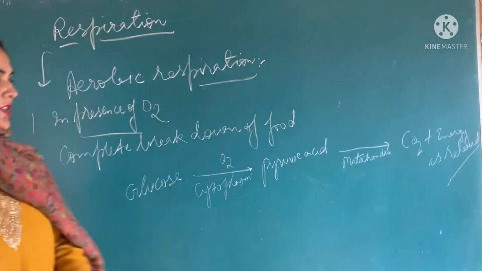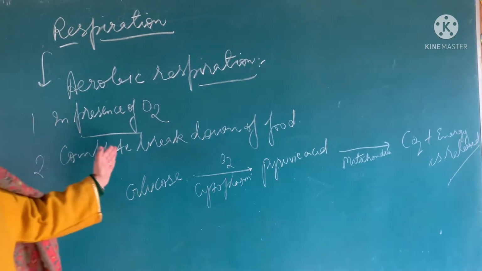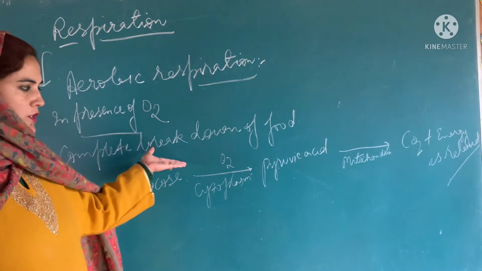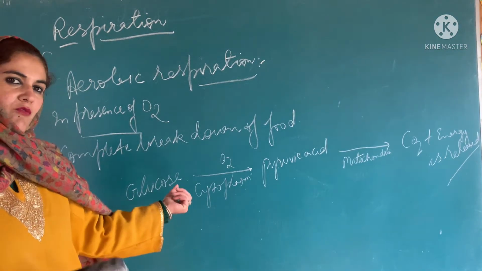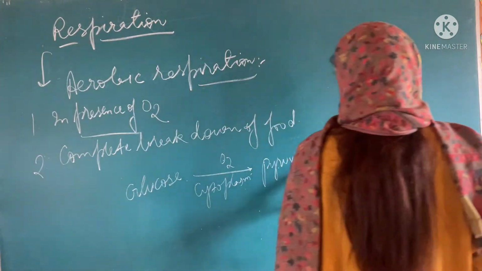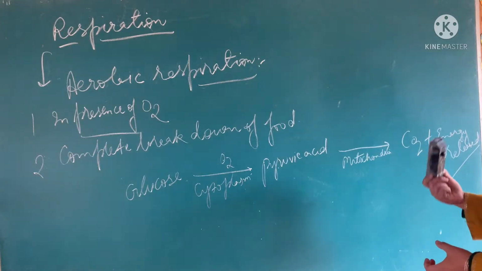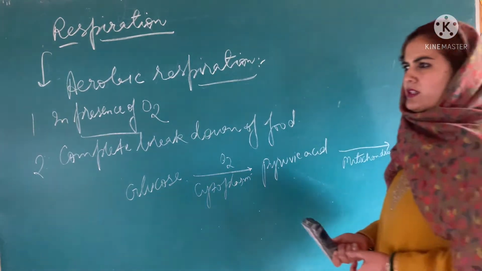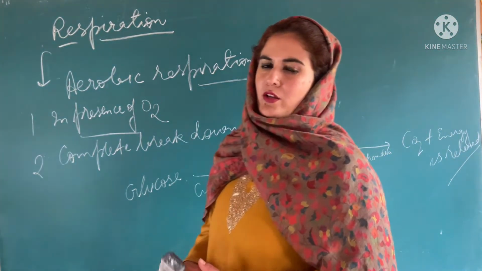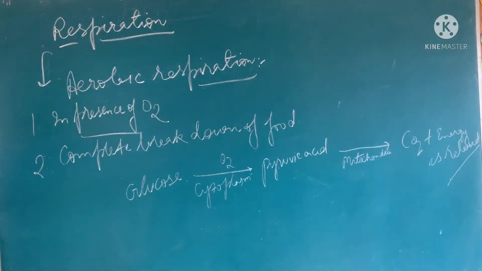So aerobic respiration क्या है? जहाँ पे complete breakdown of food हो रहा है, जैसे हमारा glucose है in presence of oxygen, and inside cytoplasm it's broken down into pyruvic acid. Then further pyruvic acid is broken down into CO2 and energy is liberated. So here a complete breakdown of food takes place. So this is your aerobic respiration.